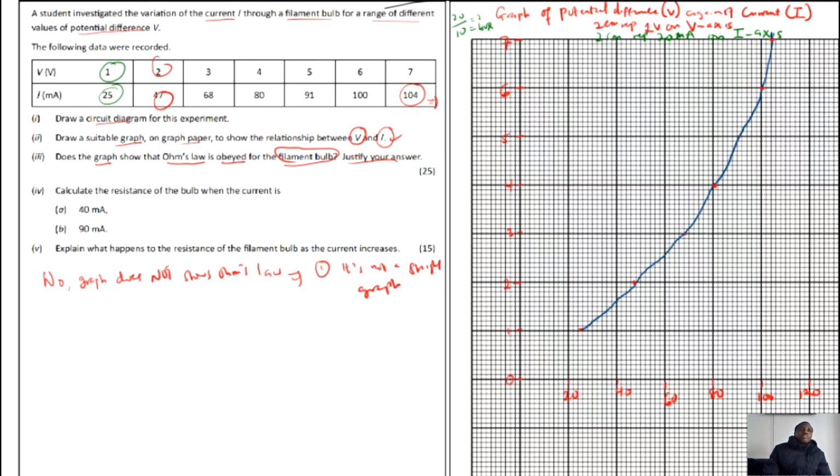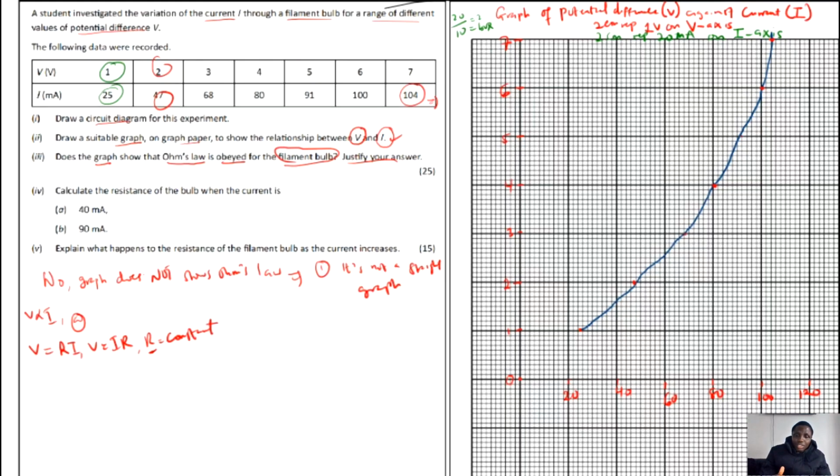Ohm's law says that at constant temperature and pressure, the potential difference across a metallic conductor is directly proportional to the current, and it gives us a constant of proportionality R. That's why we get V equals IR as Ohm's law, where this R is the proportionality constant.